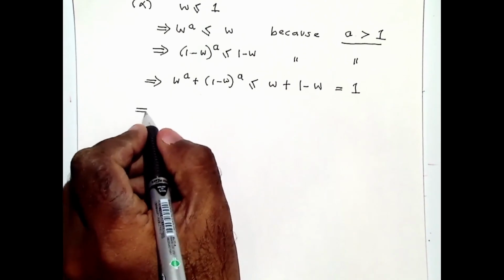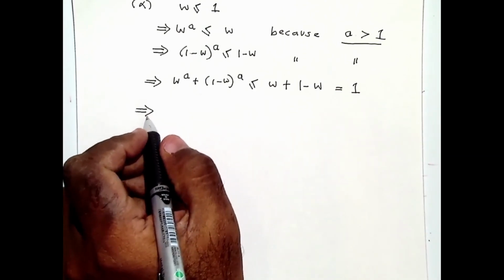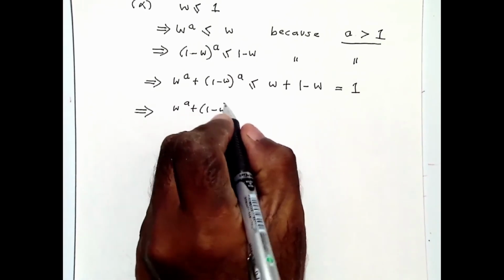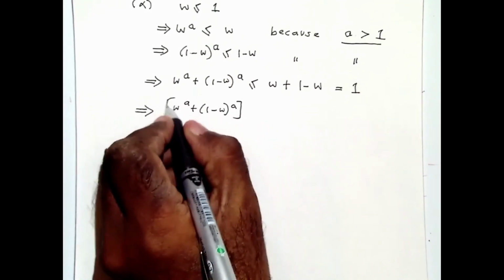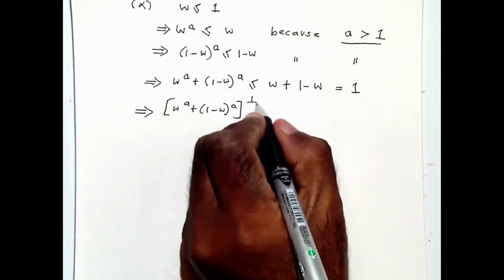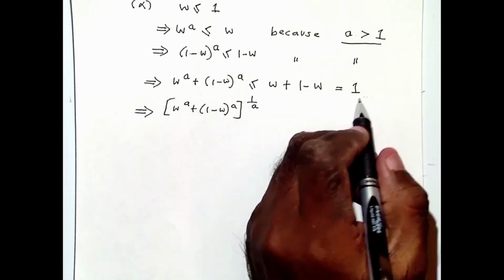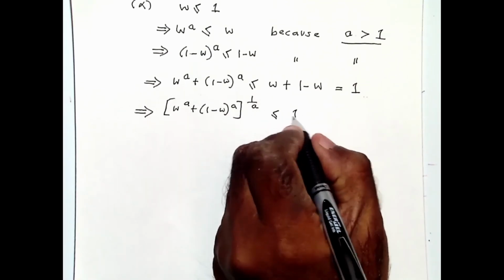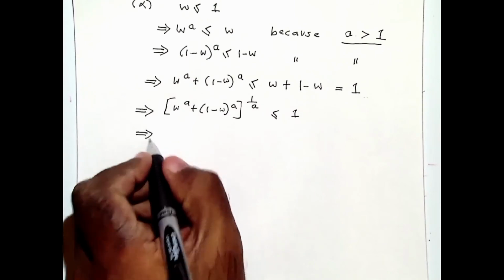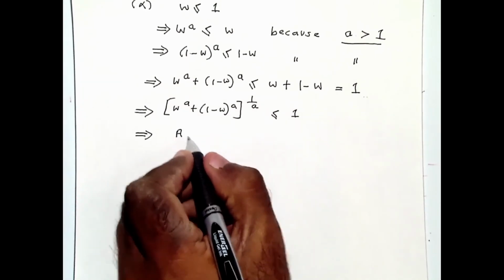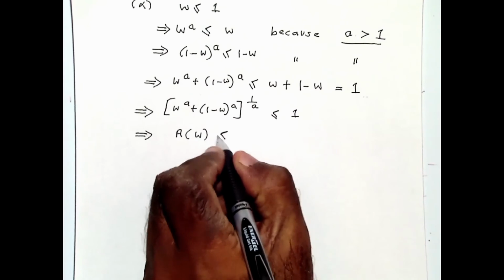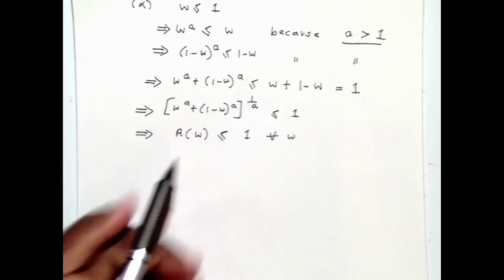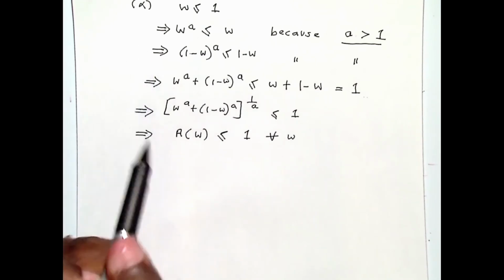And this implies that, okay, that w power a to the power 1 over a, if this is less than or equal to 1, then this power must also be less than or equal to 1. So hence we have shown that a of w is less than or equal to 1 for all w, right? So that's condition alpha.